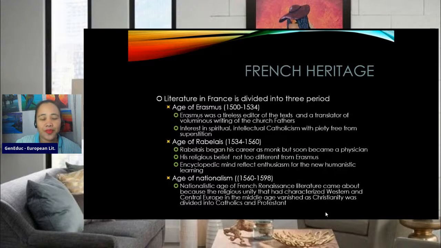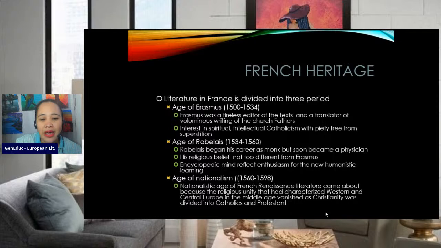French heritage. Literature in France is divided into three periods. Age of Erasmus: Erasmus was a tireless editor of texts and a translator of voluminous writings of the church fathers, with interest in spiritual, intellectual Catholicism, with piety free from superstition. Age of Rabelais: Rabelais began his career as a monk but soon became a physician.